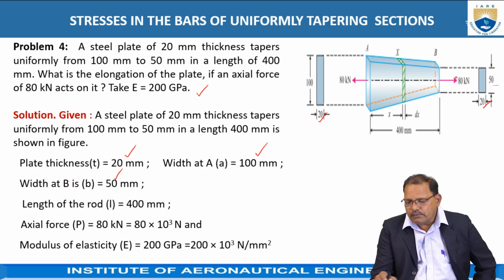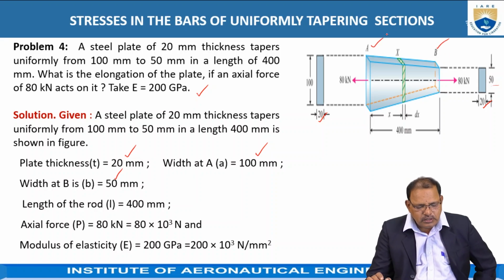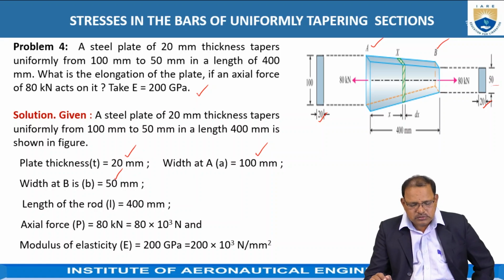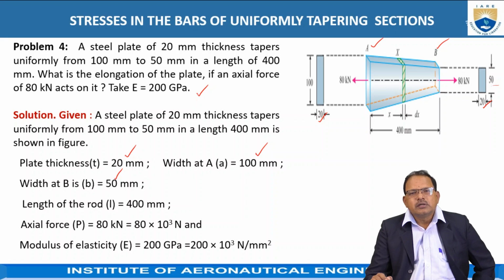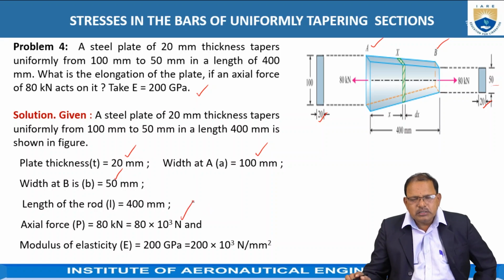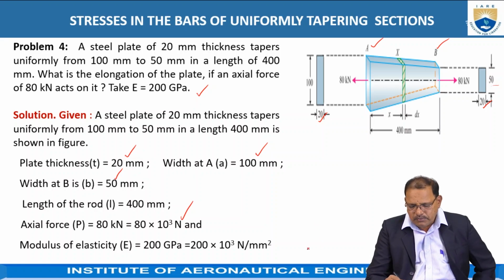Assume this is the end A and end B as shown in the figure. The length of the rod is equal to 400 mm. Axial force is equal to 80 kilonewtons, hence it is equal to 80 into 10 to the power of 3 newtons. Modulus of elasticity is equal to 200 gigapascal, which is equal to 200 into 10 to the power of 3 Newton per mm square.